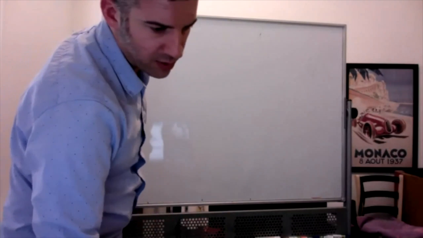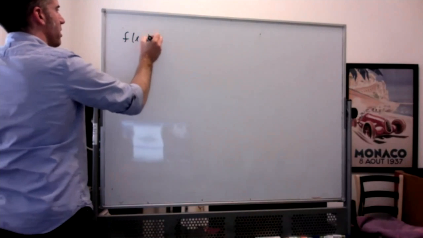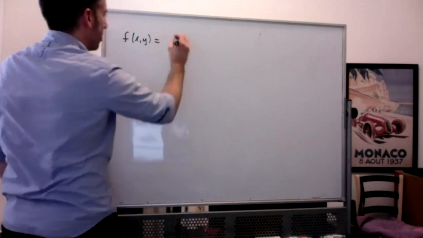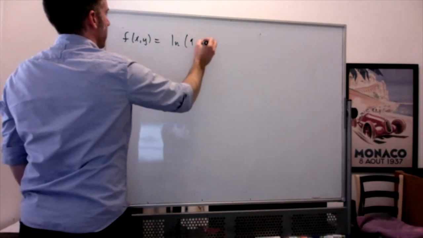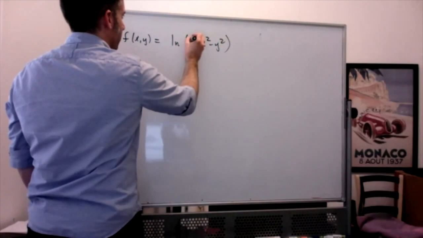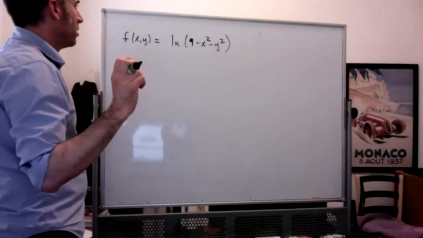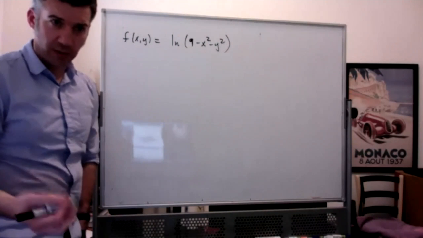Now let's do this one. Let's look at f of x, y equal to the natural log of 9 minus x squared minus y squared. So again, domain and range.